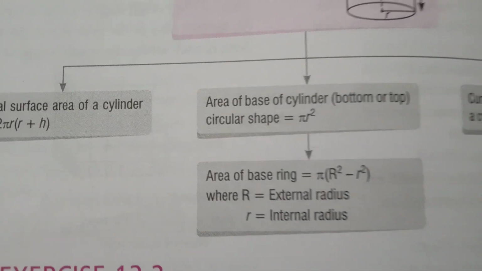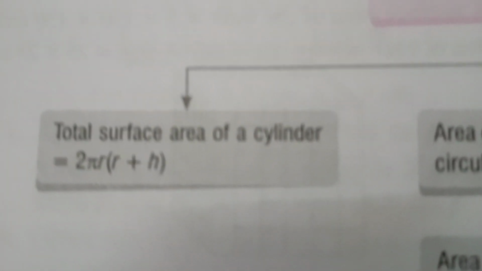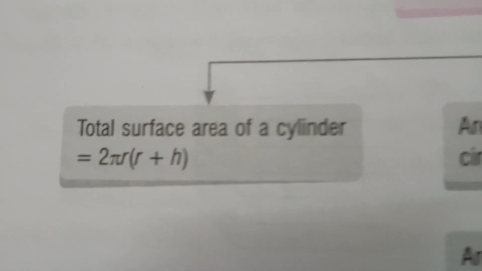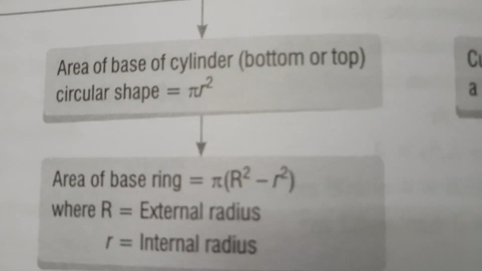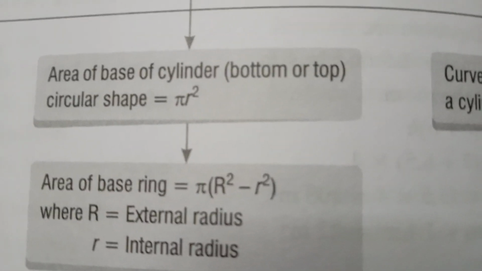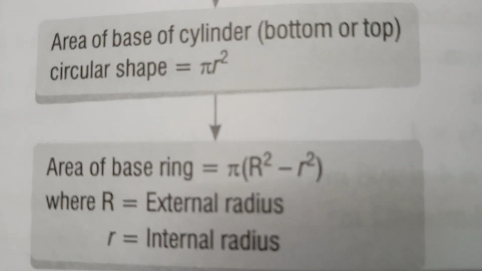So here we have again the formula: total surface area of the cylinder is 2 pi r into r plus h. The area of the base of the cylinder, bottom or top, which is a circular shape, is pi r square.